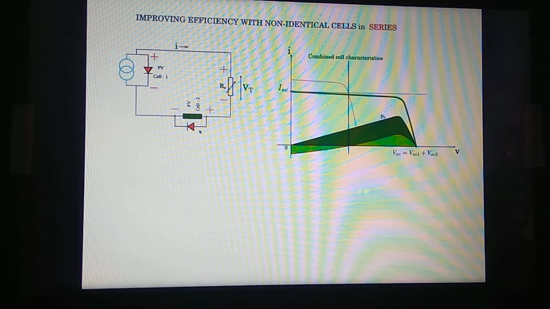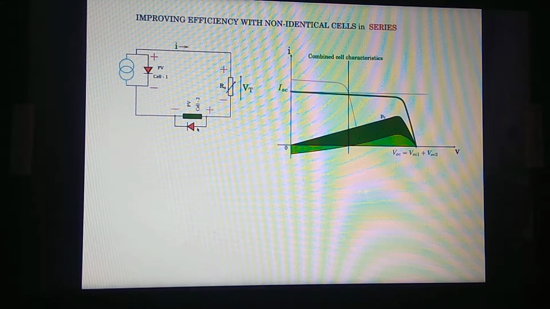Note here, for the sake of simplicity, right now I am considering this diode to be ideal. Its cut-in voltage, or turn-on voltage, is 0 volts, or very small compared to the PN junction voltage of 0.7 volts of a single cell. This is very important.